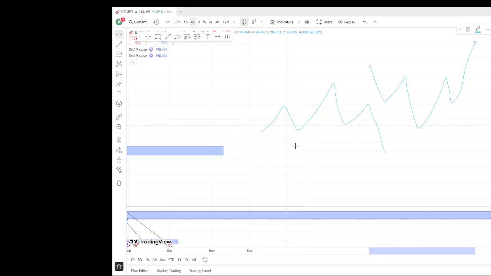Both head and shoulders. This is the head and shoulders to indicate the downside. This is the head and shoulders to indicate the upside trend.